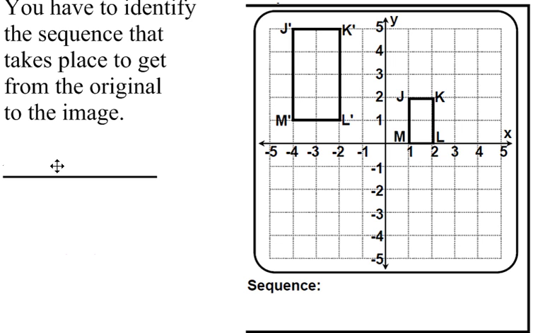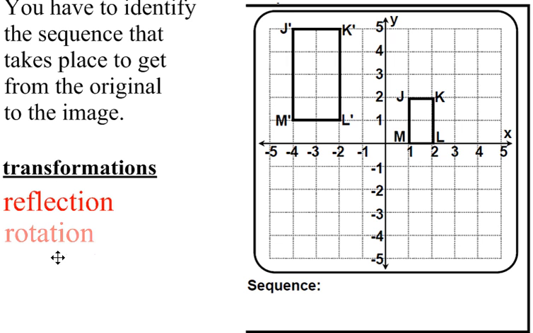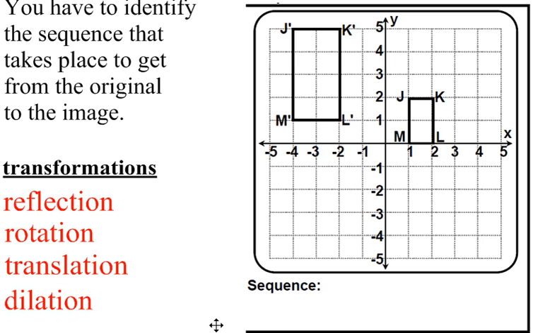The transformations you have to choose from are reflection, rotation, translation, and dilation. Knowing all four transformations, you should see that one is definitely going to happen, and that is dilation.